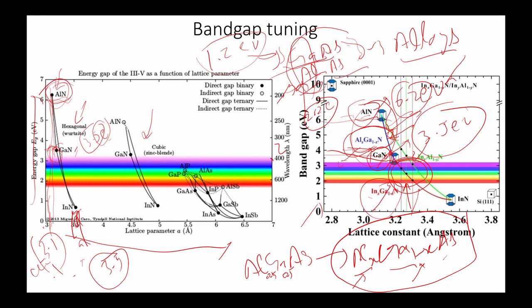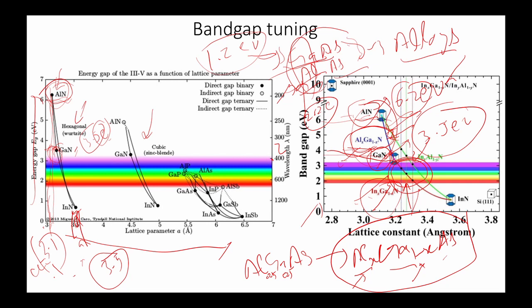Some of these are also used for laser applications, because we can get a precise band gap and a precise emission of light with the band gap tuning.